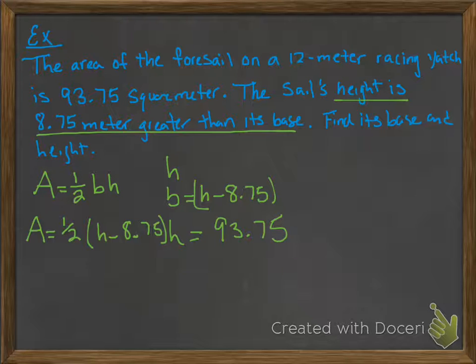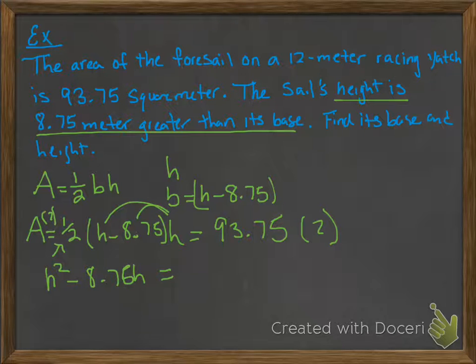To get rid of this 1/2, I'm going to multiply both sides by 2. And I'm going to distribute that. So two things at once here. H squared minus 8.75h is equal to 187.5.